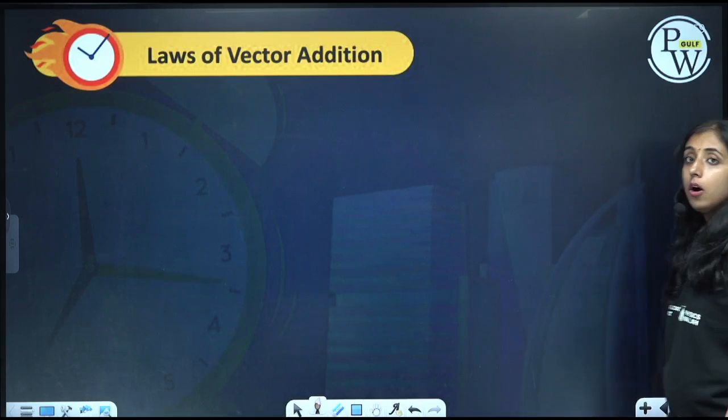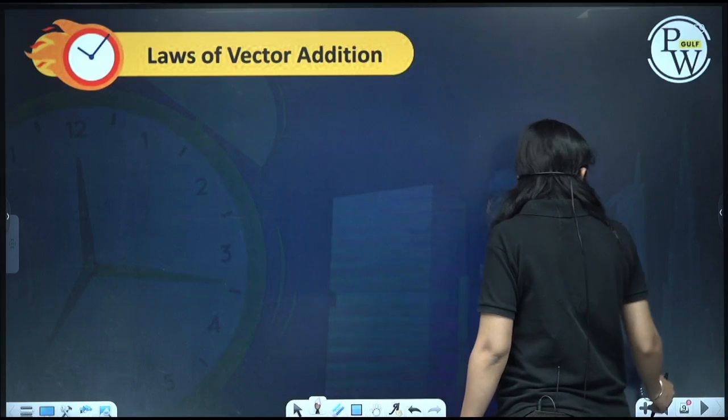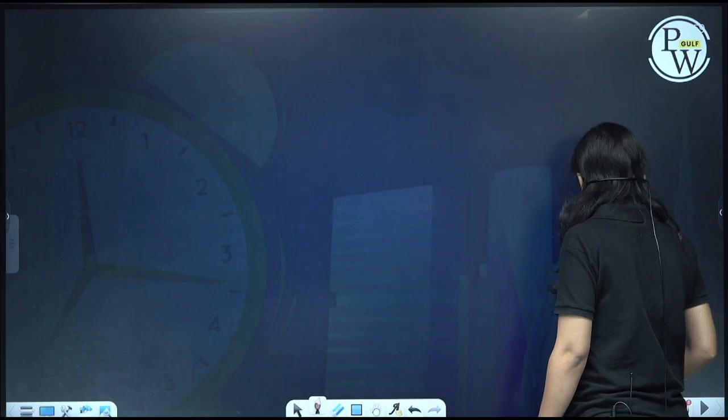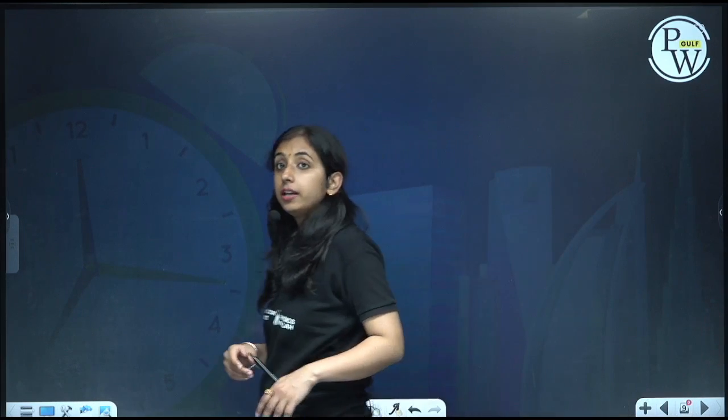Laws of vector addition. Before studying laws of vector addition, let's study one more thing.